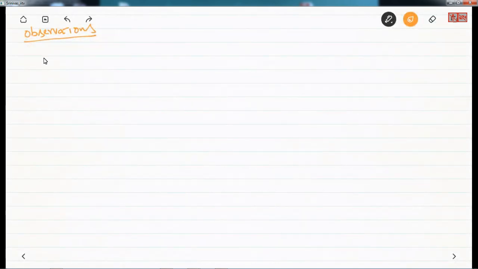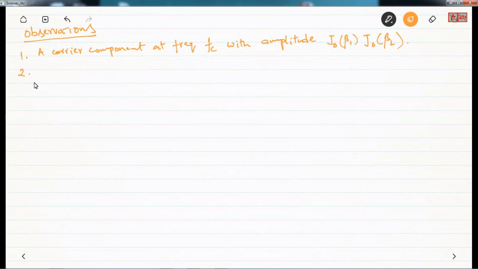There is a carrier component at frequency fc, obviously, with amplitude, and the carrier component amplitude is determined by J naught of beta 1 and J naught of beta 2, right? So you understand this, right?